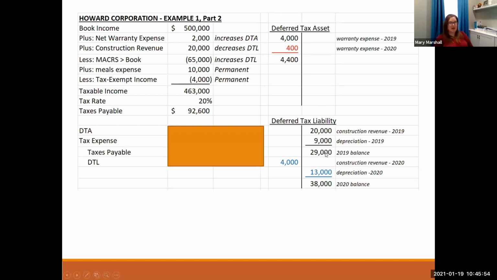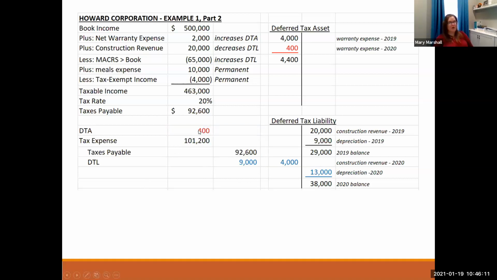DTLs, we had a 2019 balance. We decreased the DTL, increased another one. So we have a new balance of 38,000, but the net entry to deferred tax liability was these two together, so 9,000.